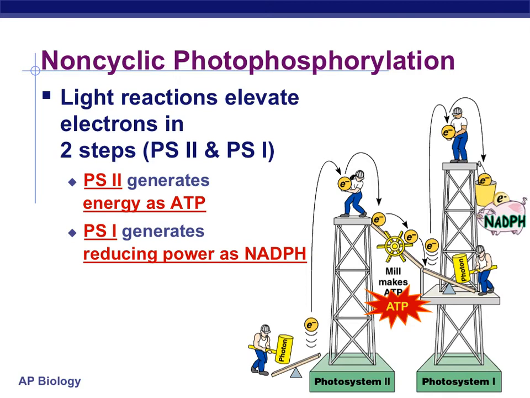Also, ATP is going to be produced, and water is going to be split, or oxidized, to produce O2. But one photosystem is not enough. That's why we need both of them. And you have to lift the electron in 2 stages to a higher energy level so that it can do more work as it falls.